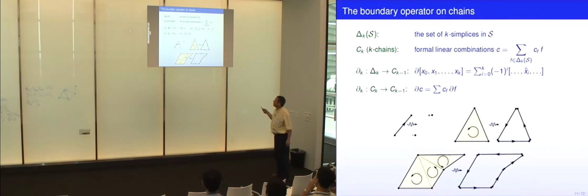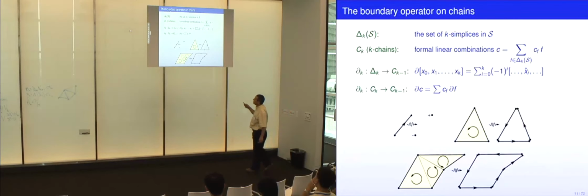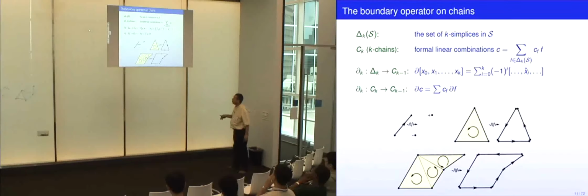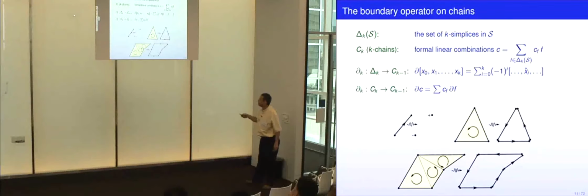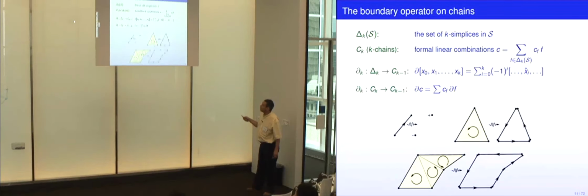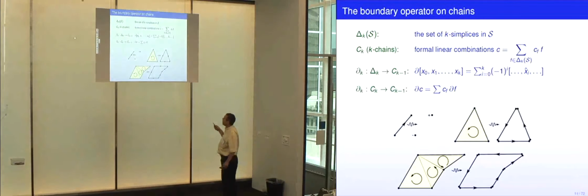Okay, now we define the boundary operator on chains. So here's the notation. Delta k of a simplicial complex is all the simplices of dimension k. So for k equals 0, it's just a set of vertices. K equals 1, it's a set of edges, and so forth. Then a k-dimensional chain is just a formal finite linear combination of the k-dimensional simplices with coefficients.